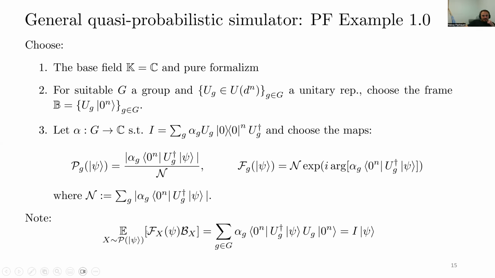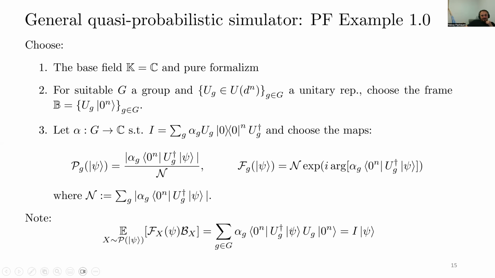So the expectation value is going to be P times F. What is P times F? Well, it's just alpha G times this thing without the absolute value. And we're going to multiply it by the frame element. And this is the frame element here, right? And you can see that if you took this and put it here, this sum here is just identity.